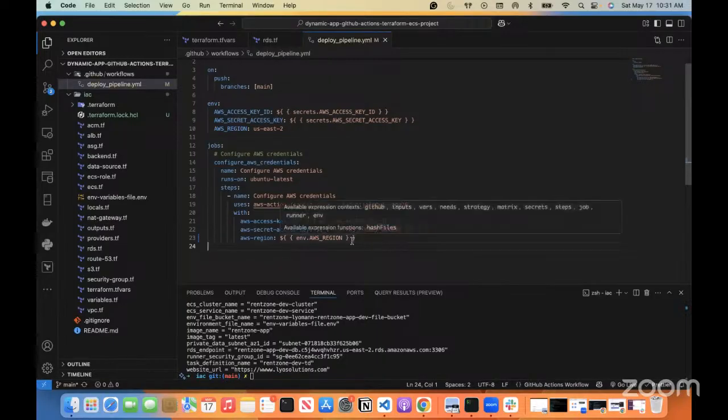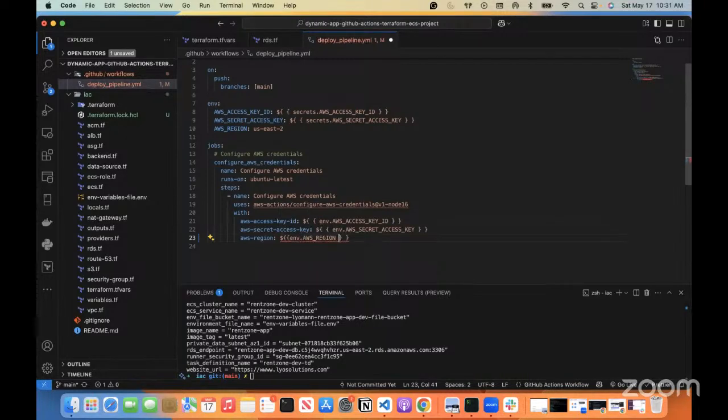So remove the space between the brackets. I think the IDE did that automatically. Oh, no, there's a space. There's a space in the env part, but between the two brackets, remove the space. Yeah, that's the one I'm talking about. Okay, so do the same thing for the rest of them.